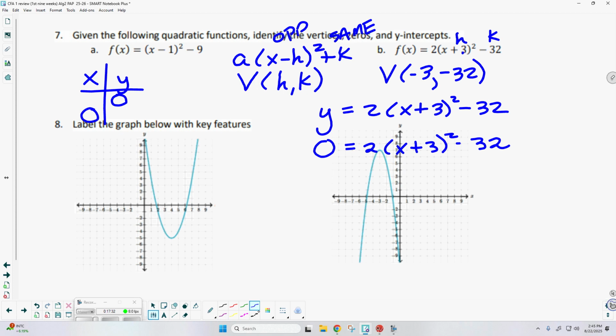Remember, my goal is to completely isolate the x so that x equals. Okay, let's get rid of that 32. We're going to add 32. So this time I'll show it: plus 32. So 32 is equal to 2 times (x plus 3) squared. Got it?